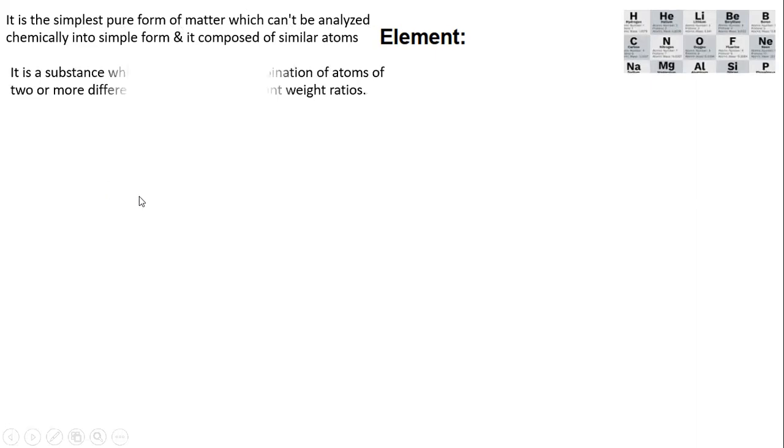So next one: substance which is formed of what? Formed of combination of atoms or of two or more different elements. Look here, please. When you see two or more different elements, it is what?